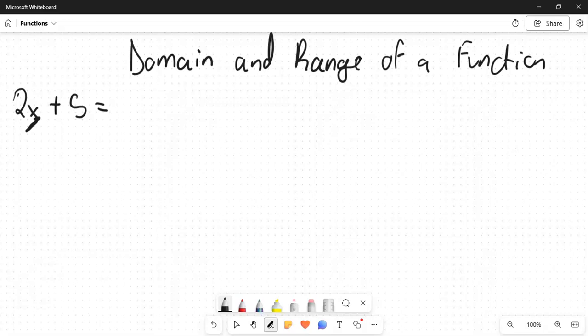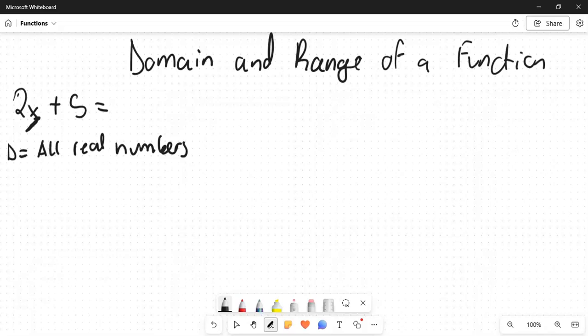If you're told to find the domain and range of this equation right here, the domain is any value which can be plugged into x. So in that case, the domain here is all real numbers. And also the range is any number which we can get in an equal sign.